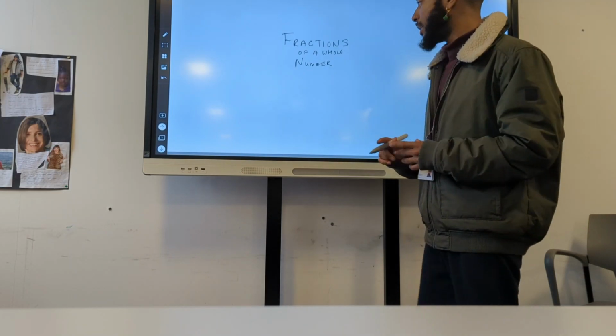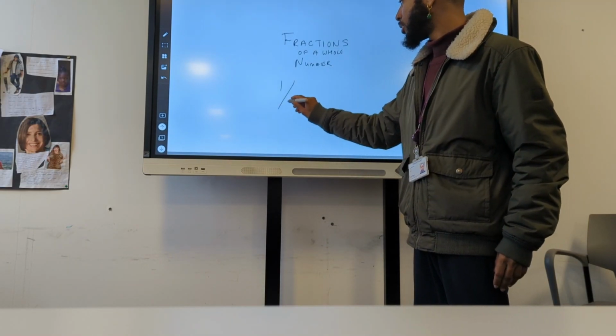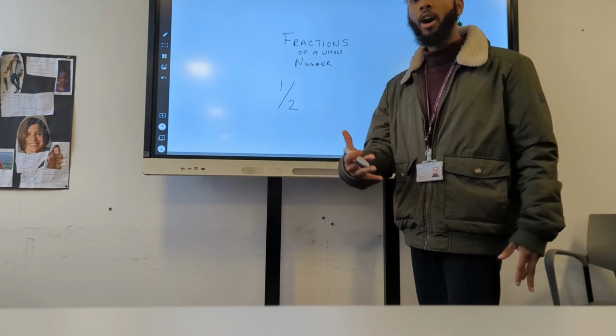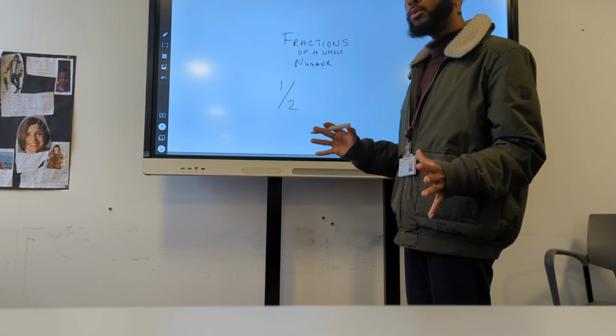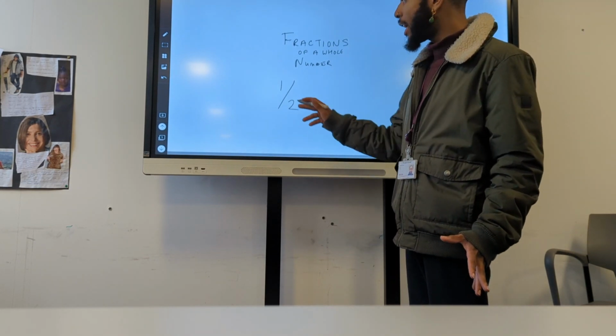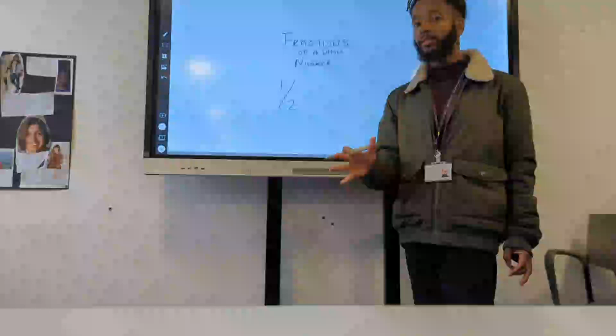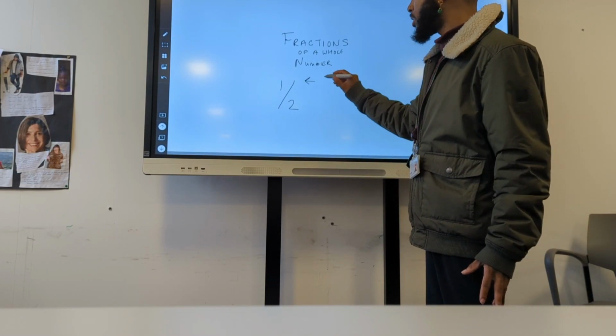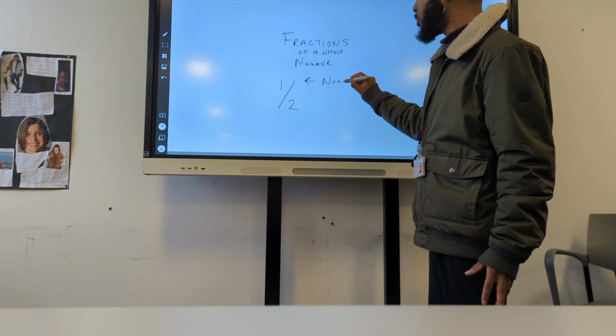So firstly, what is this? You're probably thinking in your mind, Sydney, we know it's a half, but if you were to do a question which said explain what each number represents, would you know? Probably not. So let's go through it together. The first number is the numerator.